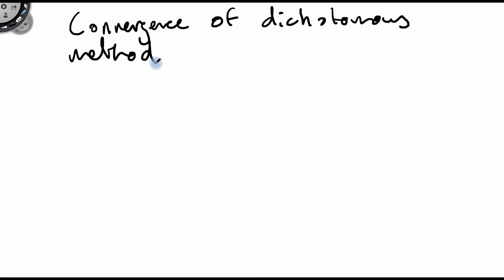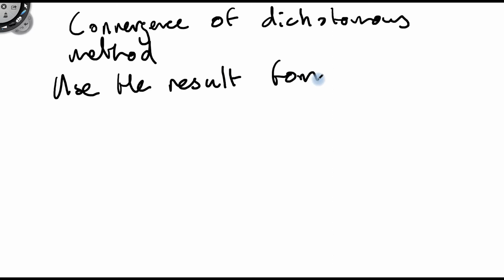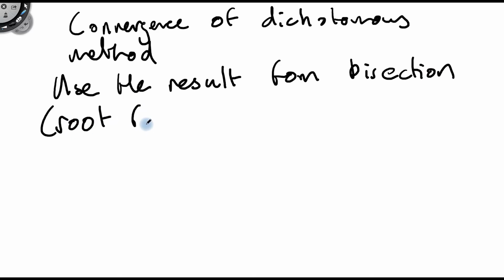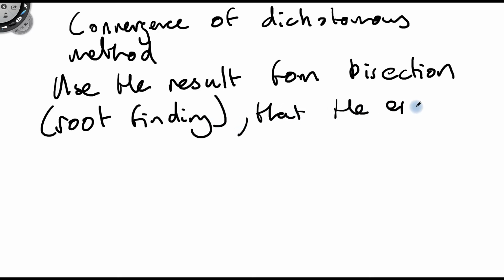And we use the result from bisection, root finding, right at the beginning of the course. This is a nice bit where the beginning of this term's work connects with the end. That the error, and I'm going to call it E in this case because we've already used epsilon, okay?